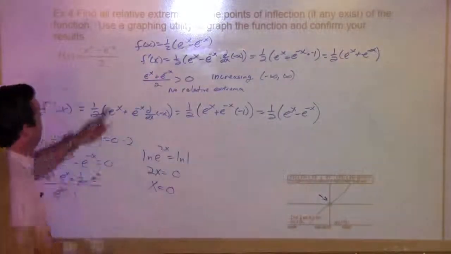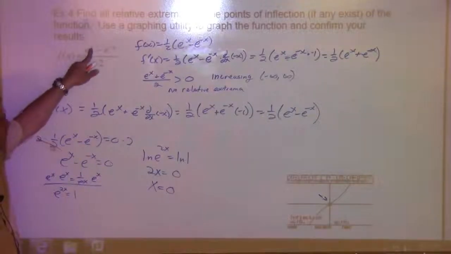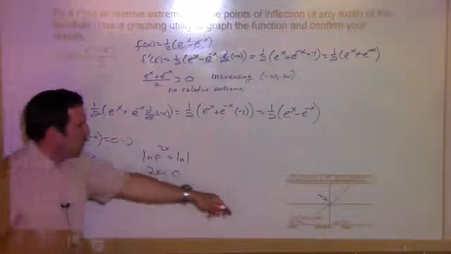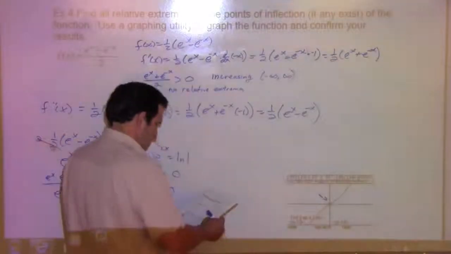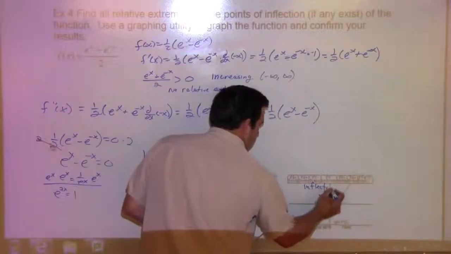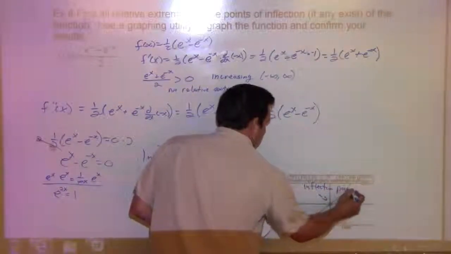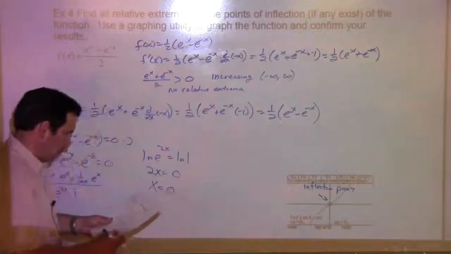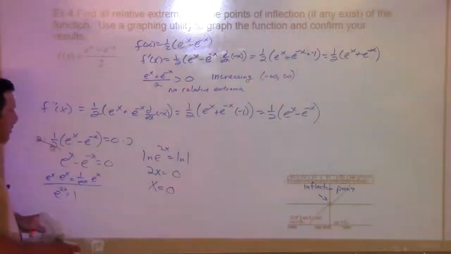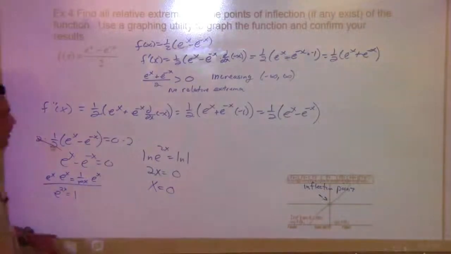If x is 0, e to the 0 is 1, minus e to the negative 0, that's still 1. 1 minus 1 is 0. So there's our inflection point. And I think you can also see, 0 being that critical value.